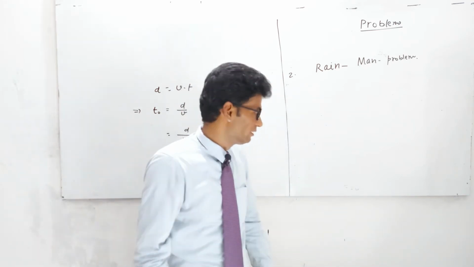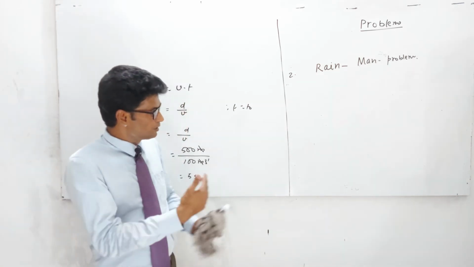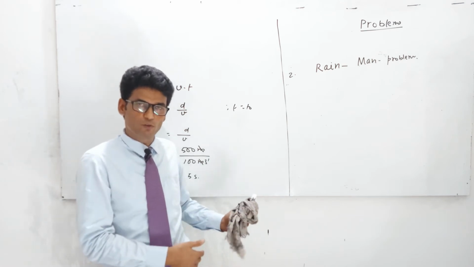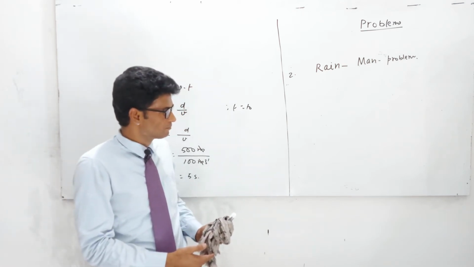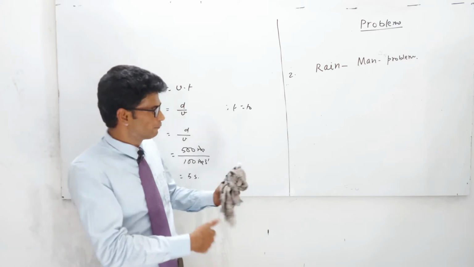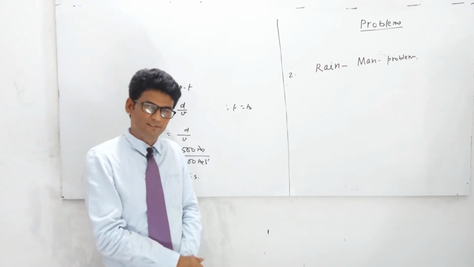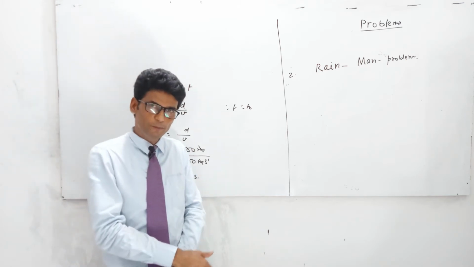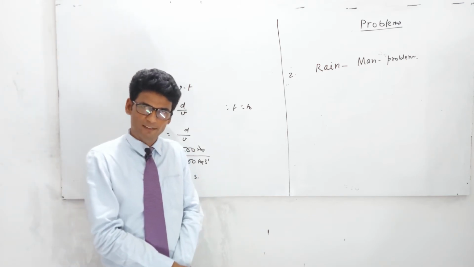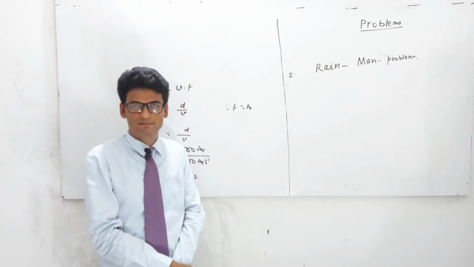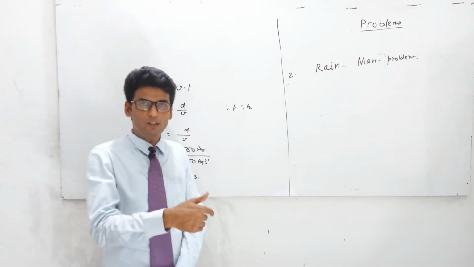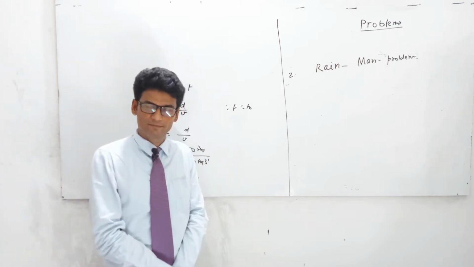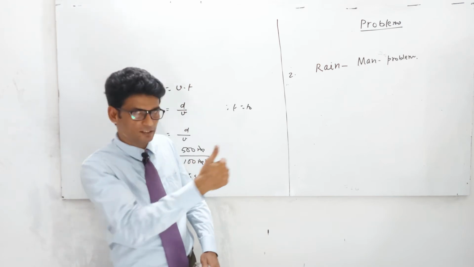People solve this type of problem in different fashions, but I am going to solve this problem here for you by equating the actual components of rain or raindrops in two different situations.